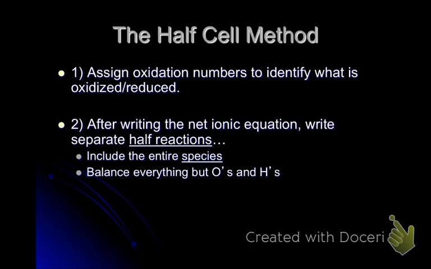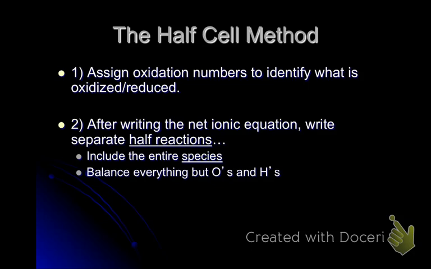Step number 2. Oh, wow, that's a big blob altogether. After you write the whole thing out, and usually that's going to be given to you, you're going to write 2 separate half reactions. And this probably just seems like gibberish right now, but we'll use the 2 examples, and hopefully it'll make more sense.